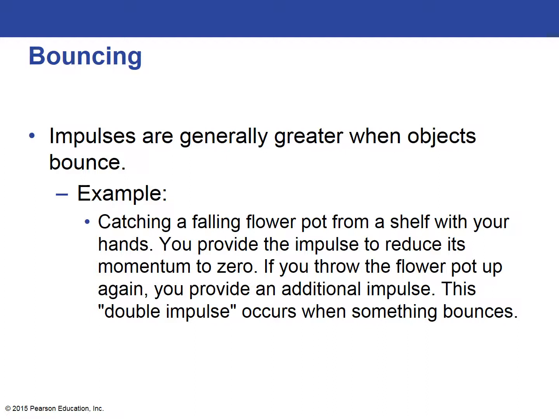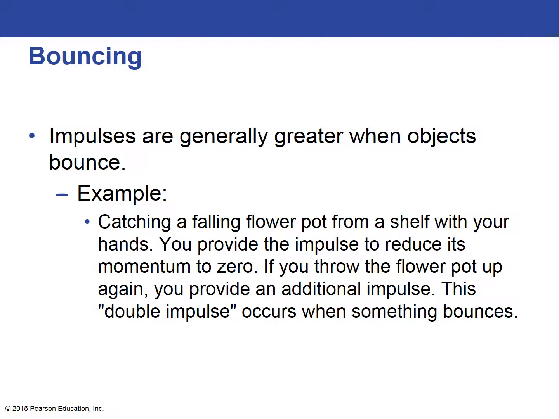When this occurs, we have twice the change in momentum, and this is simply because the initial momentum is down. It slows down to zero, and then it goes back up to the same positive value. So the change in momentum is double what it would be if I simply caught the flower pot and kept it at rest.